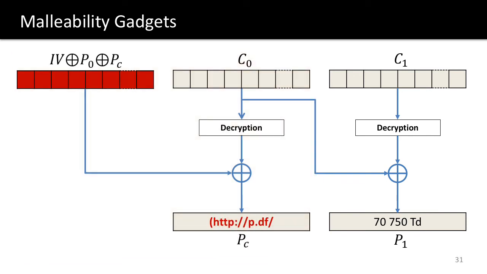And this way we can, for example, construct URLs within the actual plaintext by performing targeted modifications to the ciphertext blocks.